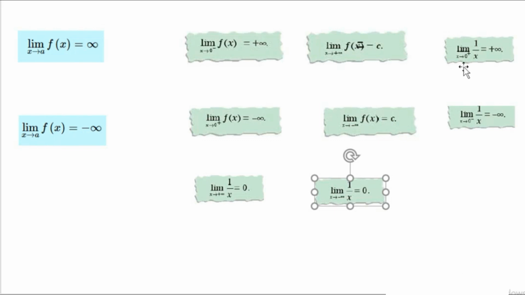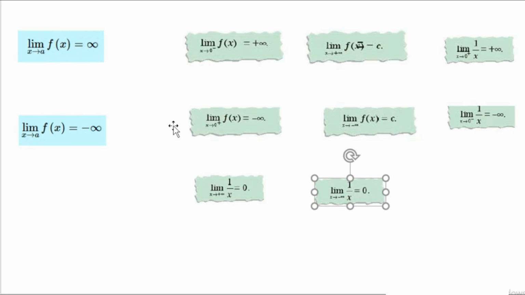And we also have the limit of 1 over x as x approaches 0 from the right is equal to positive infinity, while the limit of 1 over x as x approaches 0 from the left is equal to negative infinity. And the last two: the limit of 1 over x as x approaches positive infinity is equal to 0, and the limit of 1 over x as x approaches negative infinity is also equal to 0.